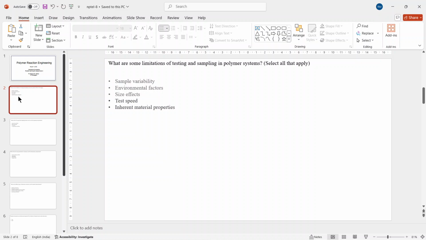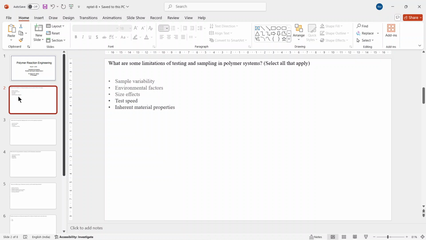Error in the sense that the entire polymer testing will be affected because of that small change in the sample itself. So the sample variability is what affects the testing and the sampling in polymer systems.